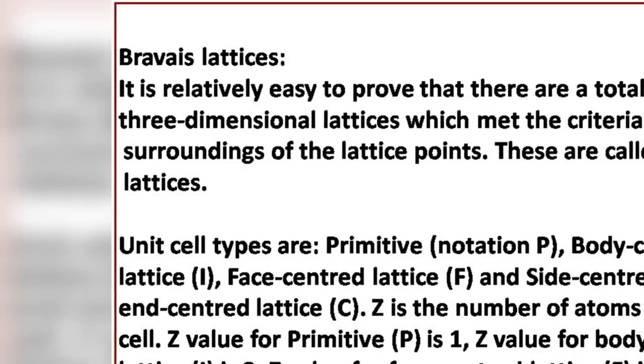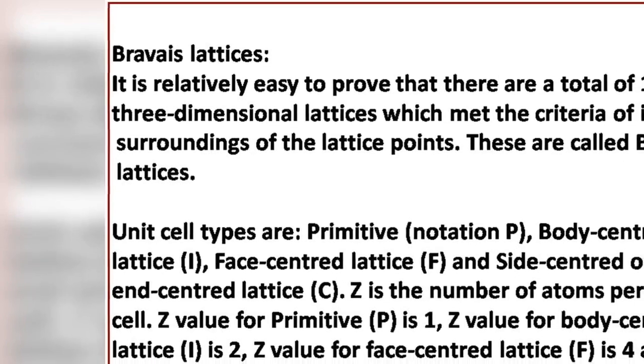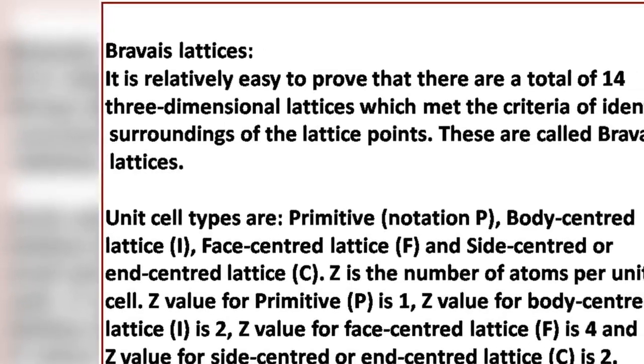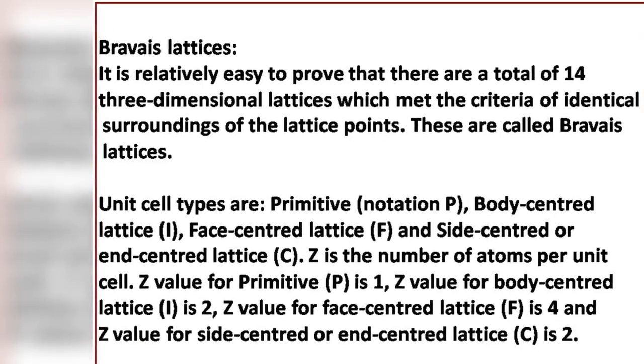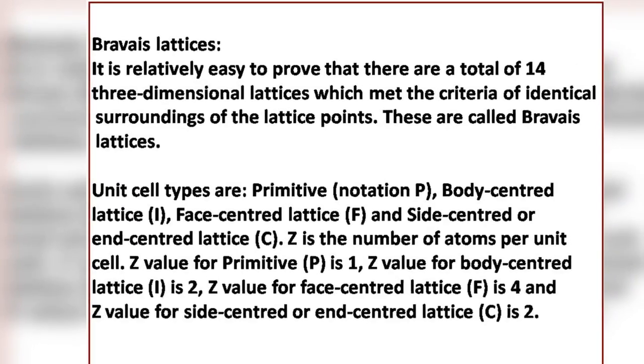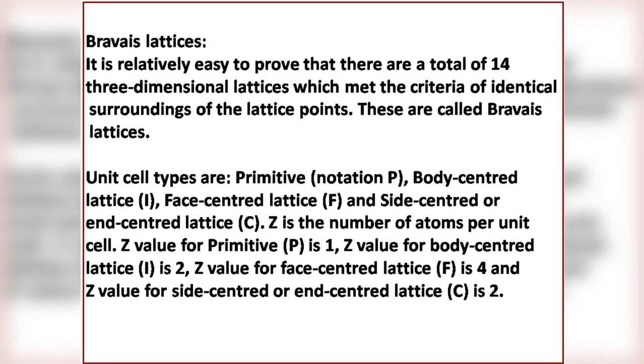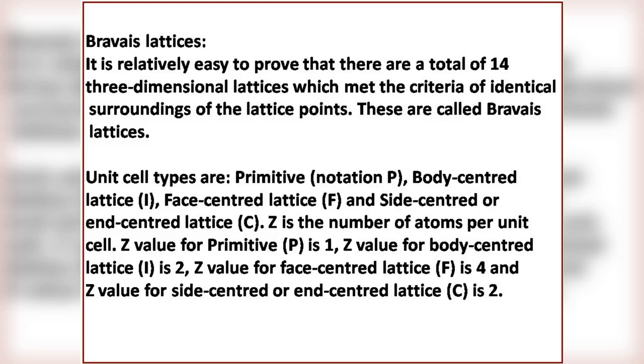There are 14 Bravais lattices. That is, it is relatively easy to prove that there are a total of 14 three-dimensional lattices which meet the criteria of identical surroundings of the lattice points. These are called Bravais lattices.